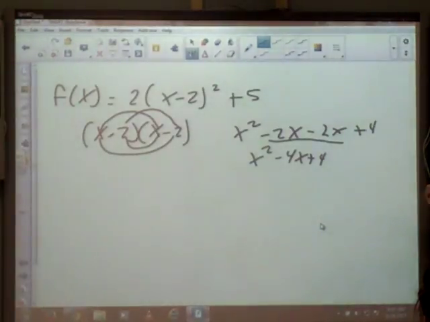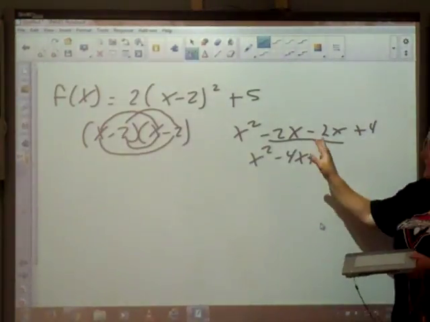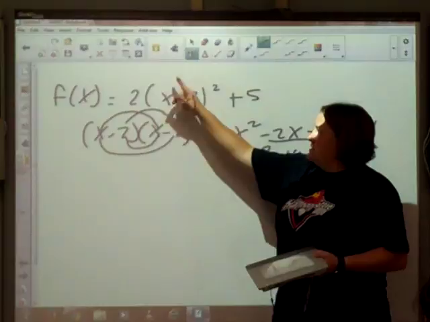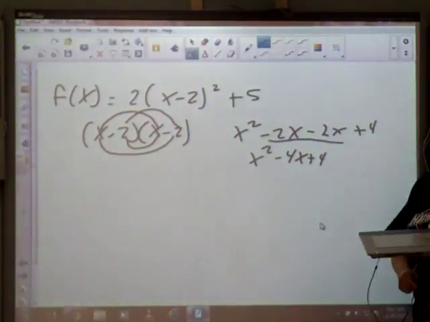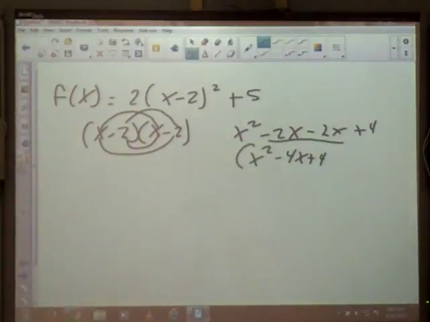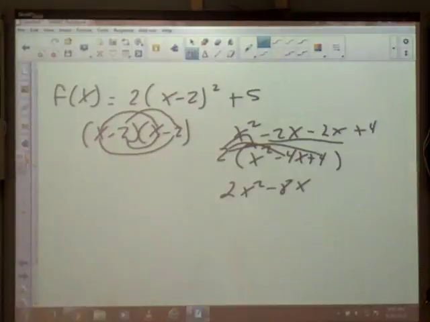Now I'm to what Trevor was talking about. This came from that, so there's still a 2 that needs to be distributed to all of these, right? So let's distribute that 2 there. Gets me 2x squared minus 8x plus 8. Okay, good, Connor.